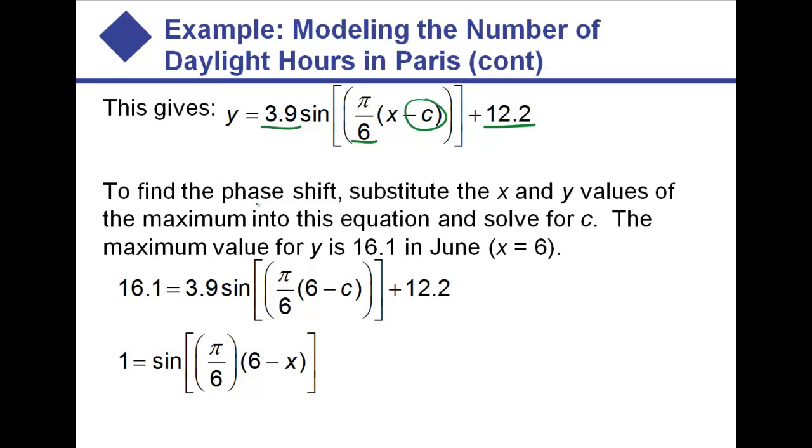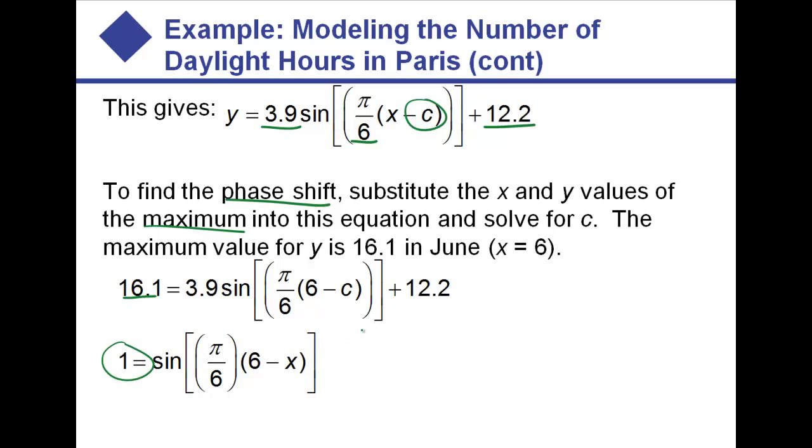So to find that phase shift, that horizontal shift, we can substitute the x and y values of the maximum into this equation and solve for c. Why would we choose the maximum? Well, you'll see. Because a maximum value of 16.1, when you plug all these numbers in, the first thing we're going to do is subtract 12.2, then divide by 3.9, and you're going to get 1.